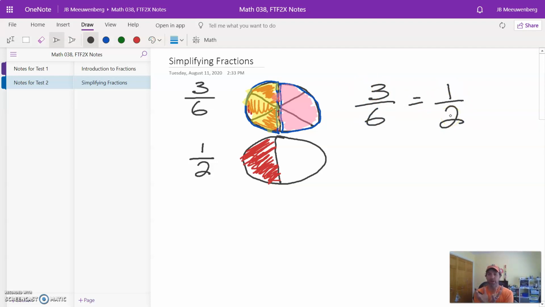Remember, an equal sign, as we talked about before, means the things on both sides mean the same thing. 3/6 and 1/2 are equal. We could write it the other way. 1/2 and 3/6 are equal.